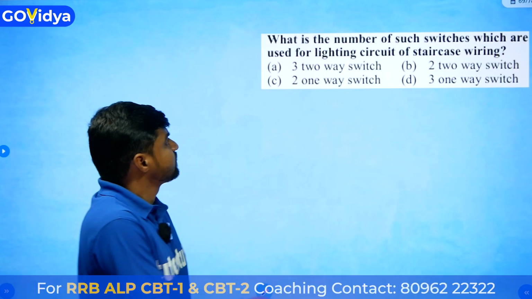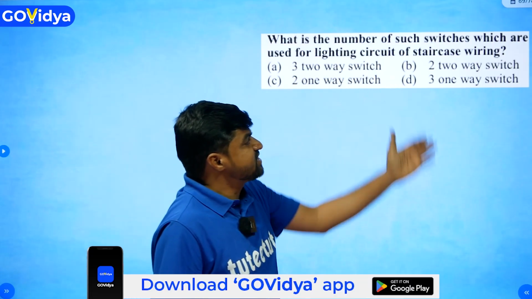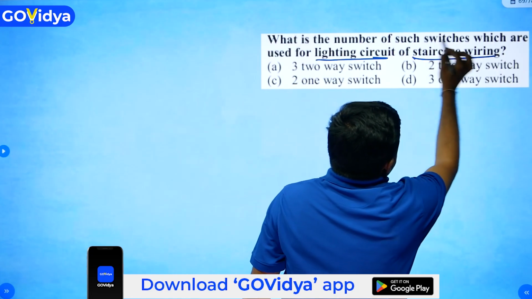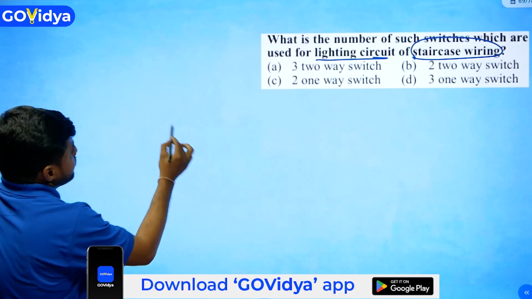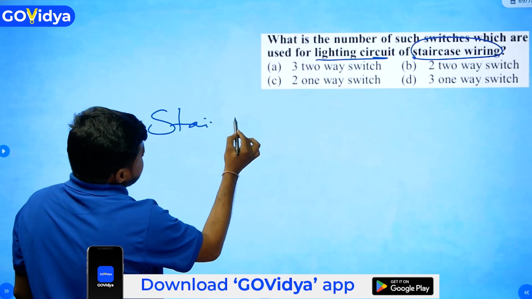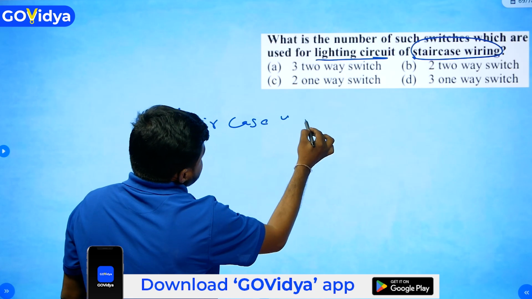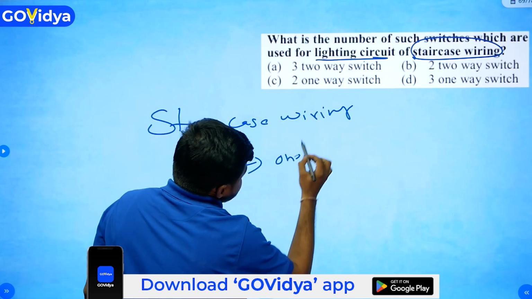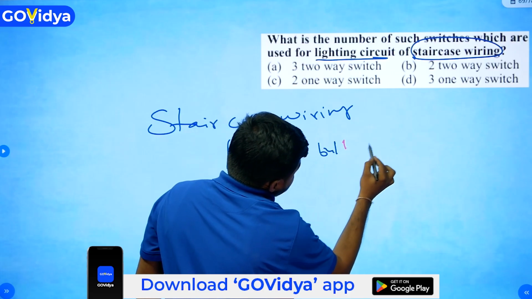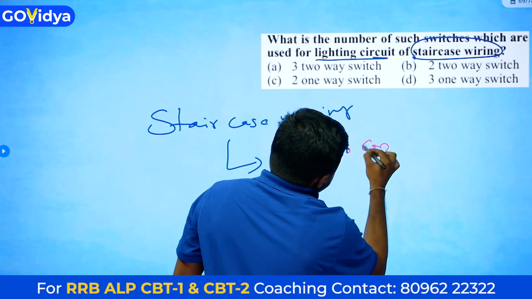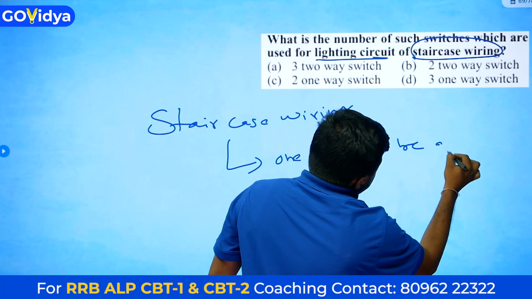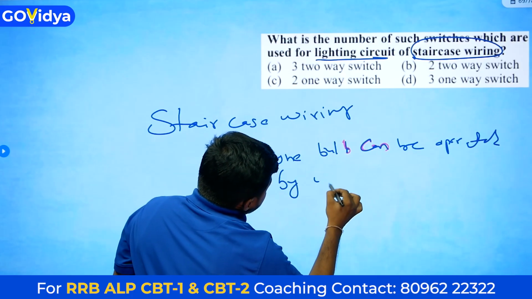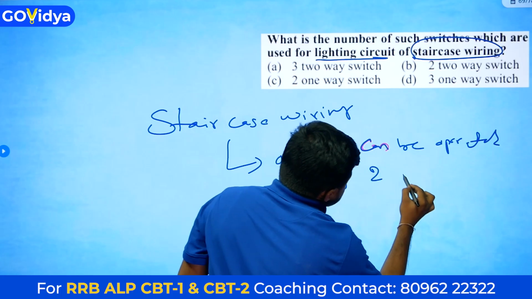Next question, what is the number of such switches which are used for lighting circuit? Staircase wiring, okay. In staircase wiring, one bulb can be operated by using two switches.